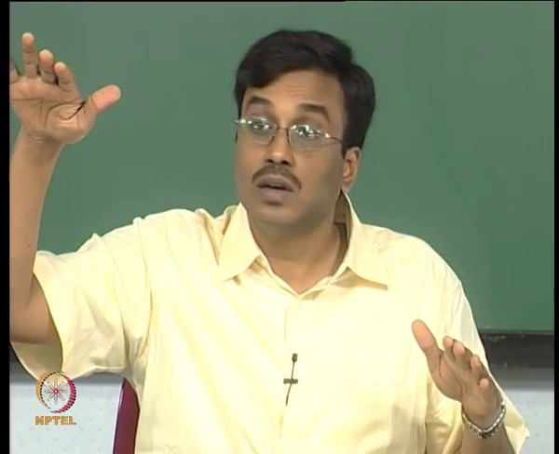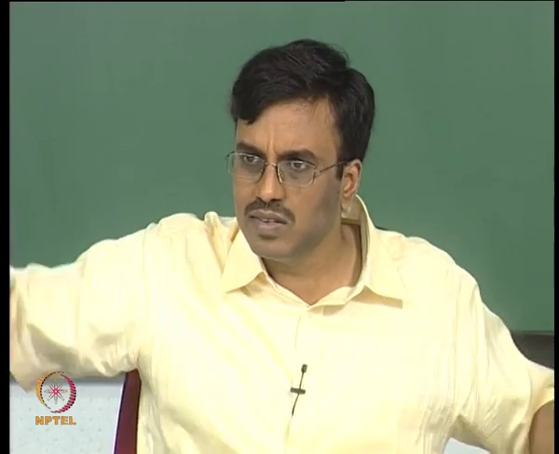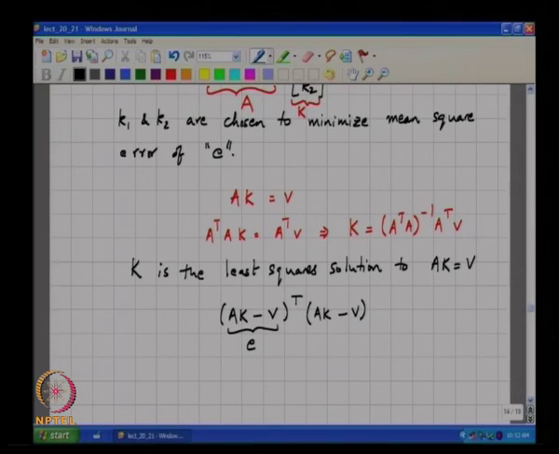However, what we are trying to do in this linear approximation is to fit a plane to that surface, and if you have some surface and you want to fit a plane to it, there is a way of choosing the plane such that the error is minimum. You understand? The least square solution is just a way of computing those two coefficients K1 and K2. All right.